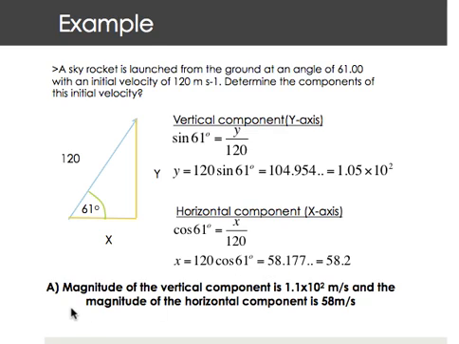So the final answer is that the magnitude of the vertical component is 1.1 times 10 to the power of 2 meters per second, and the magnitude of the horizontal component is 58 meters per second. Thank you.